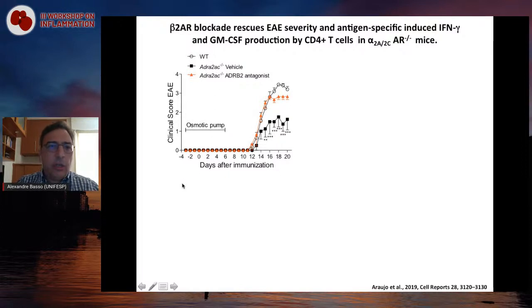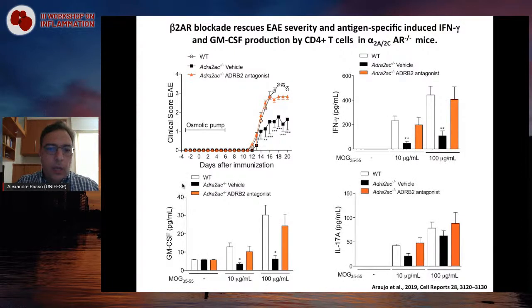And in addition, the pharmacological blockade of the beta-2 adrenergic receptor was also sufficient to recover or to avoid the impairment in the generation of the adaptive immune response. So once again, when we took the cells from the draining lymph nodes of the animals with the hyperactive sympathetic nervous system, we could see that upon MOG35-55 stimulation, they produced lower amounts of GM-CSF and interferon gamma.